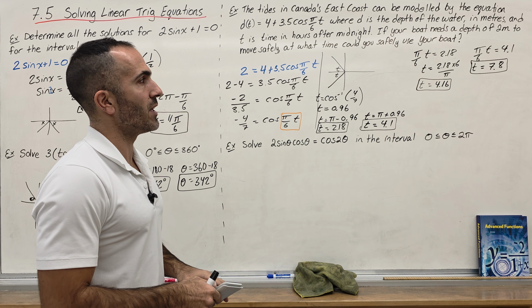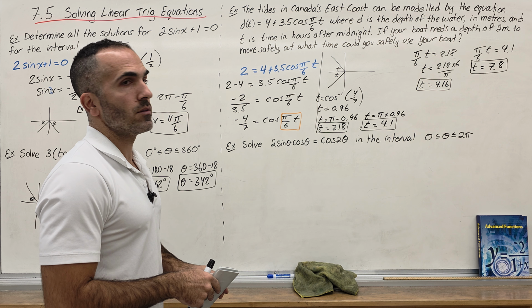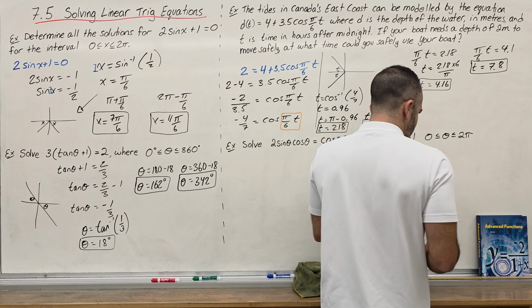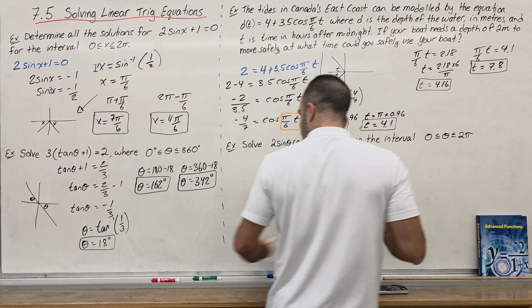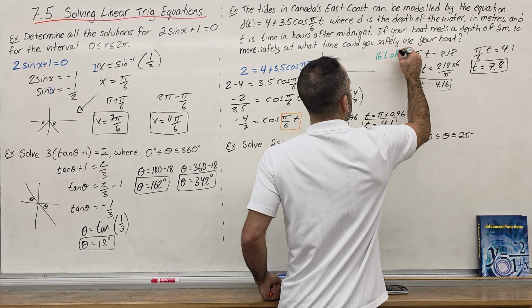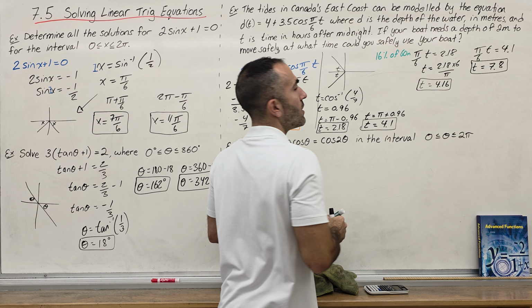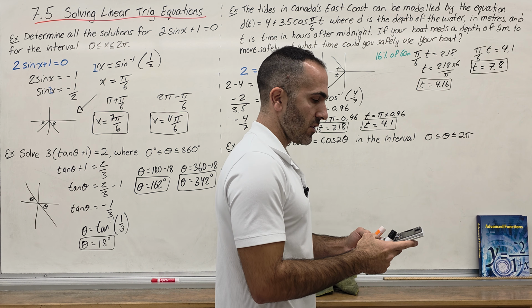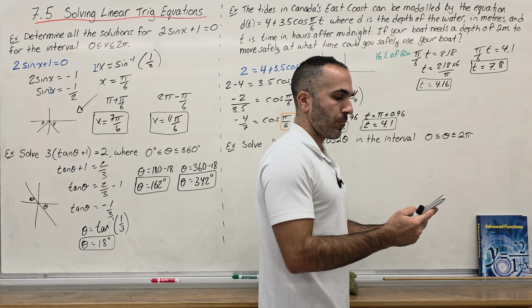Now I've got to change those into time. So 4 is going to be 4 a.m. and 0.16 is 16% of 60 minutes. That's how I find it. So I just do 0.16 times 60, and I get 9.